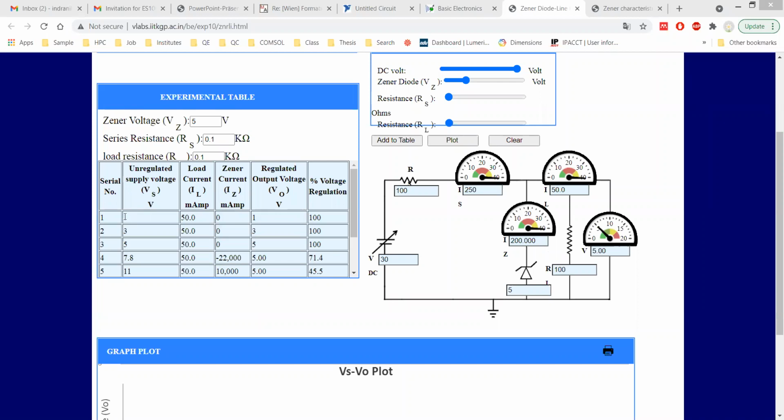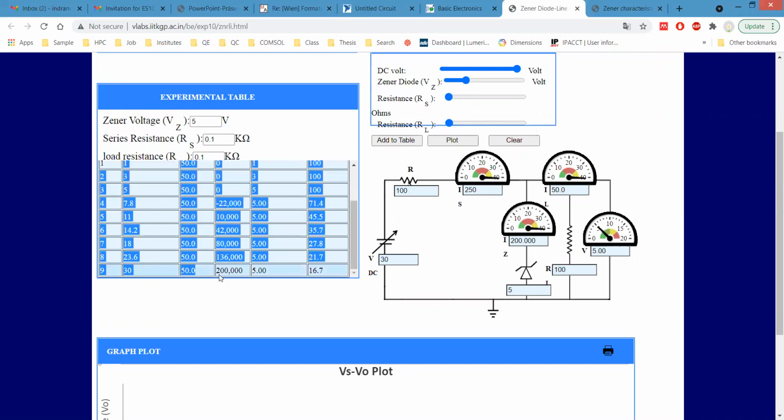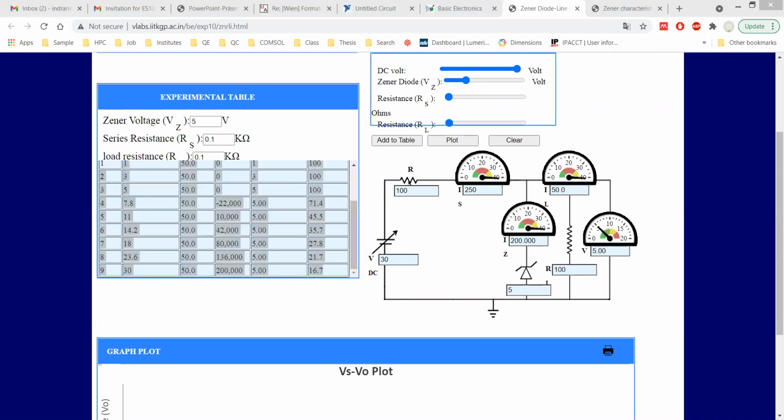Let me copy it. So we need only this one and this one, right?